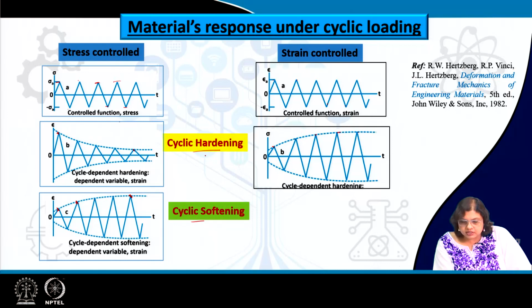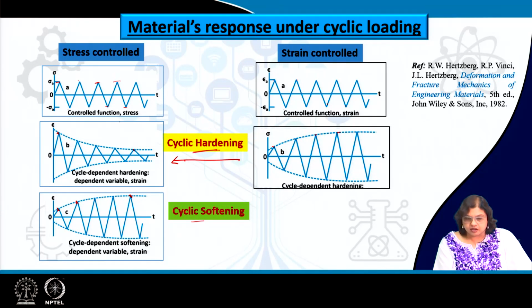This is considered as cyclic hardening, as the stress value is increasing. This is the same as what we have seen for the stress controlled response, when the strain was reducing at every cycle.